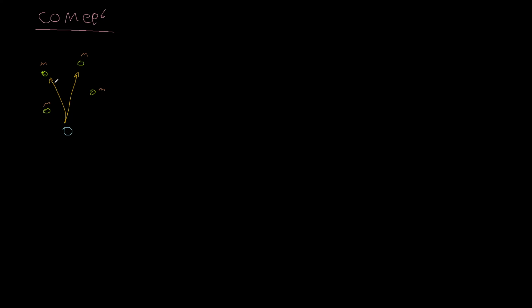And every particle has a vector pointing to it from our origin, right? So every particle has an M and an R, right? That makes sense.